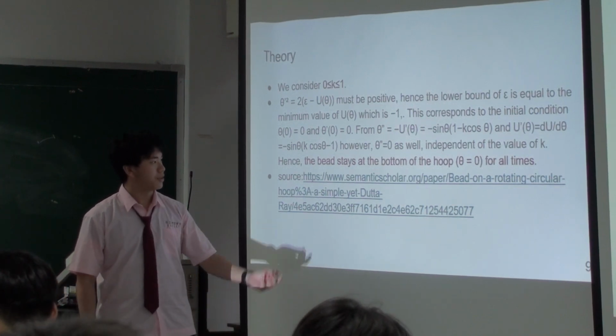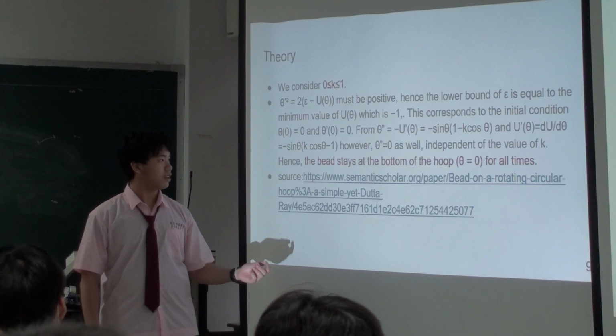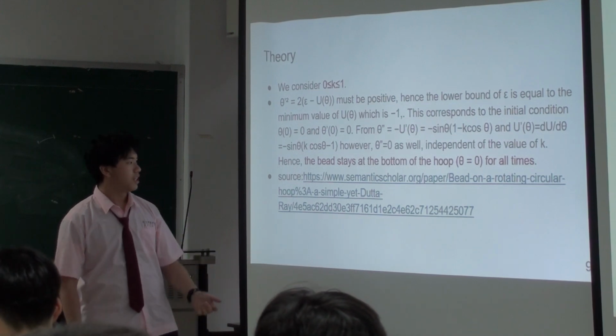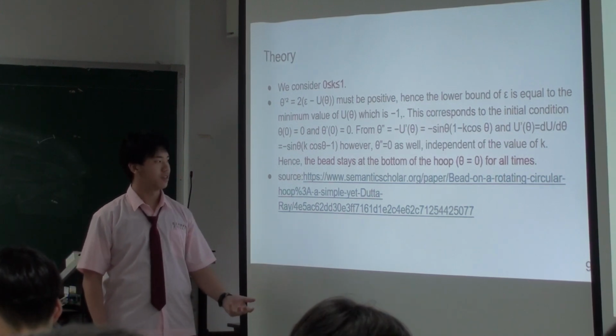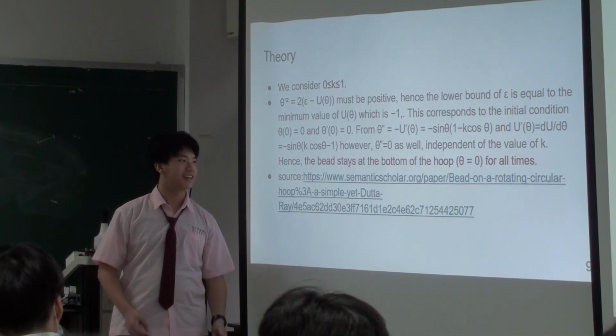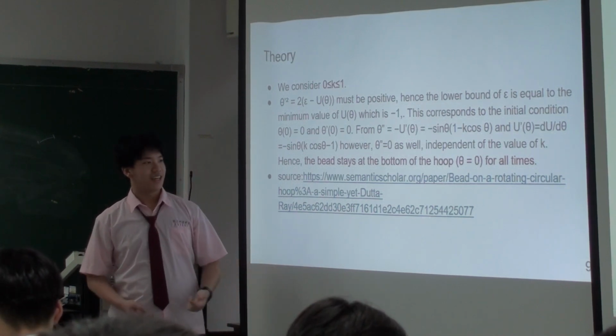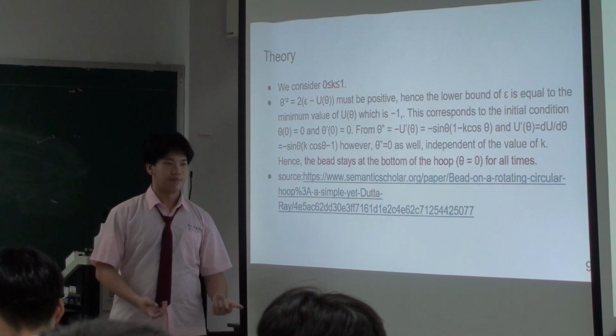However, by calculation, theta double dot is 0 as well. So the bead will stay at the bottom of the hoop. In conclusion, when the angular velocity is slow, the bead will not move.